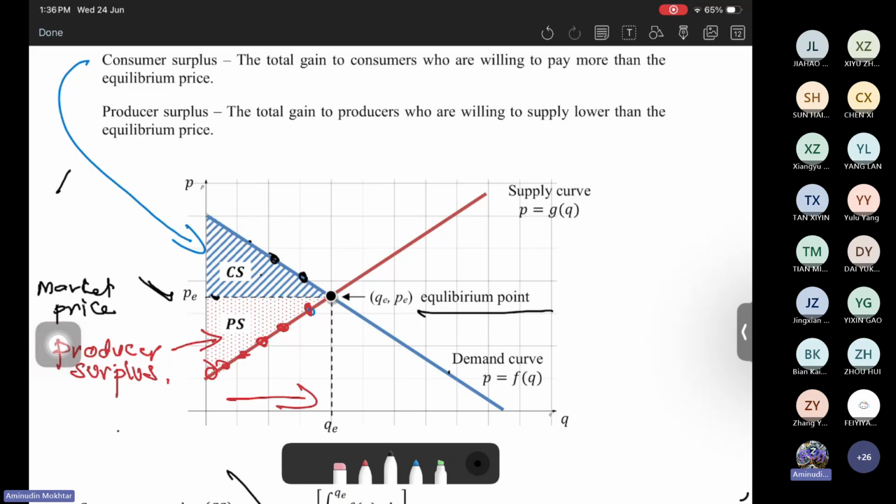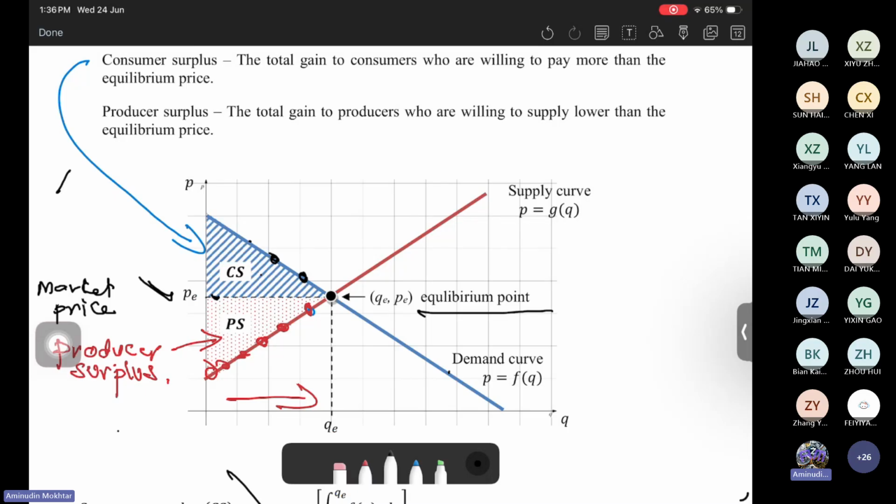But for the seller, we can conclude that the difference between the price the seller receives for each unit and the cost for the seller to produce the last unit represents the seller's benefit from the price they are getting. And in economics we have these two types of agents, the consumer and also the seller.